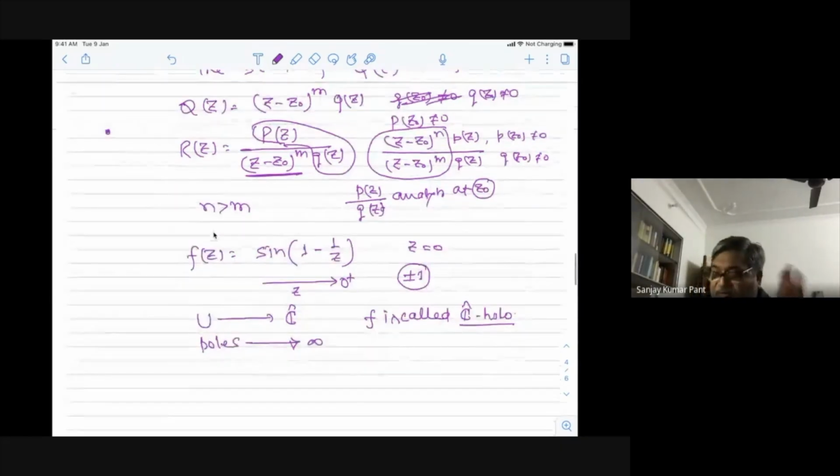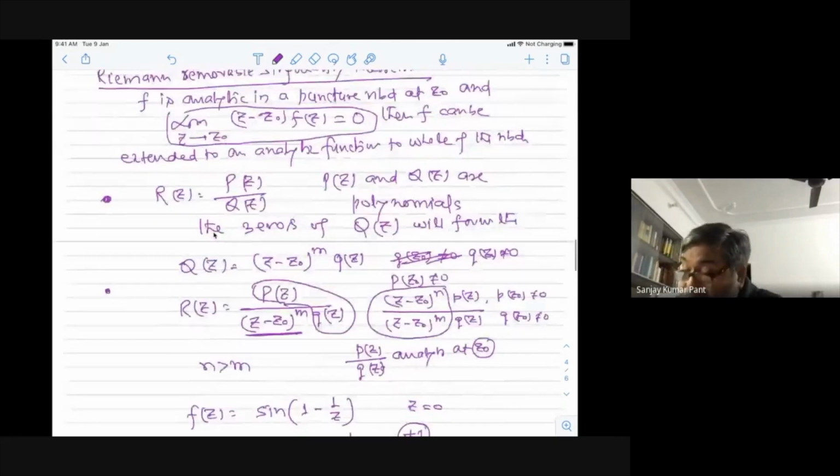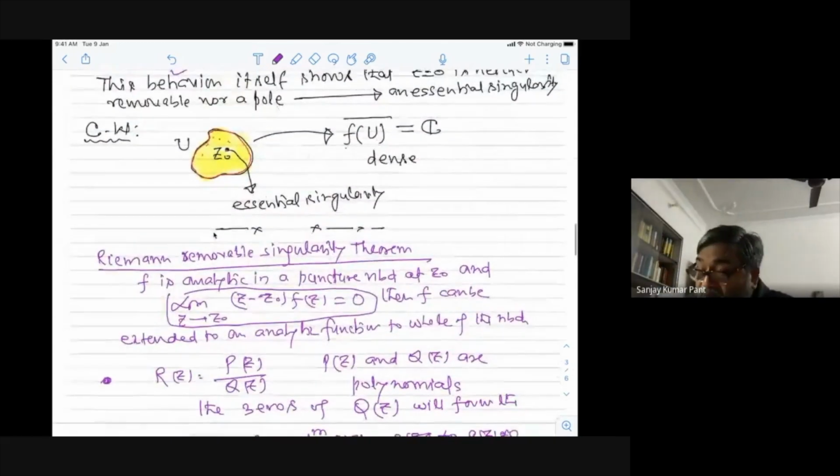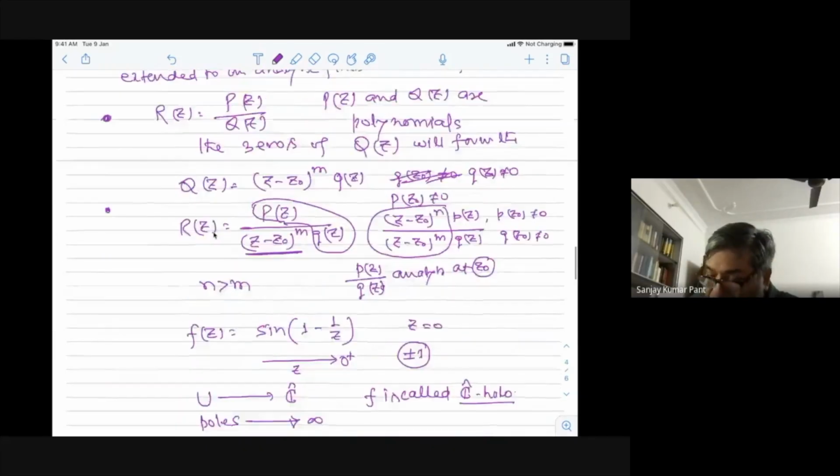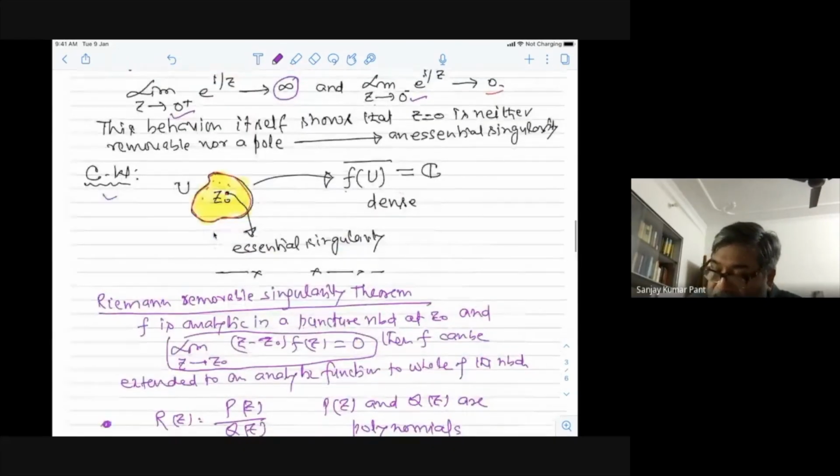There is another important thing. What I want to say is that the essential singularity is bad, actually. There is the Casorati-Weierstrass theorem, which says that if you take any neighborhood of z naught, take the image of that neighborhood under f, and take its closure, it becomes the whole complex plane.